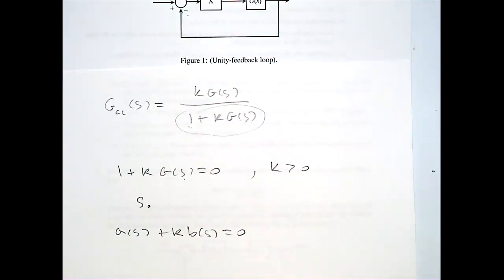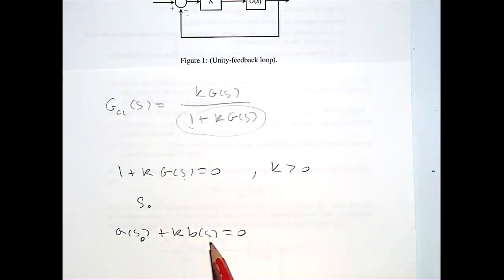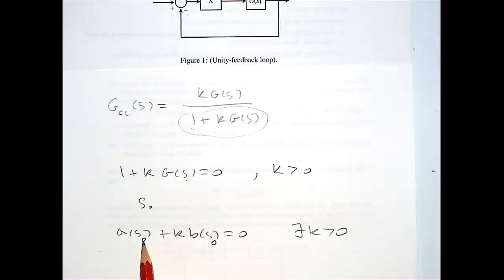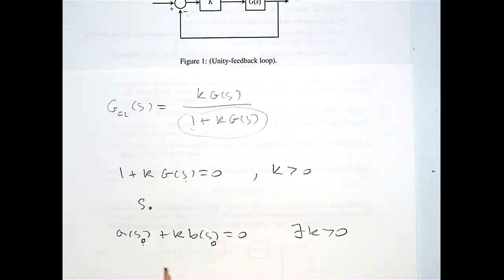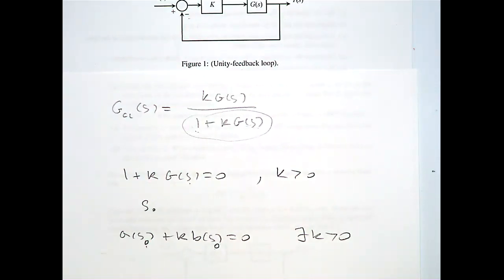So for a point to be on the root locus, it means that when I plug this point into this equation, there exists some positive K so that the left-hand side is equal to the right, identically zero. That's what it means for a point to be on the root locus. Questions?